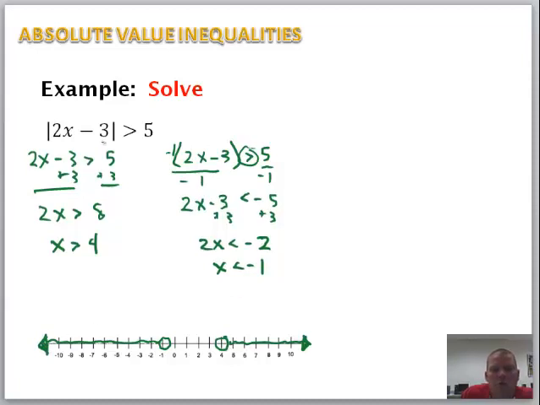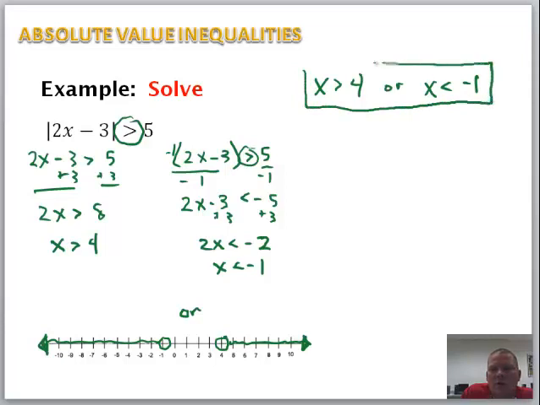And if you'll notice, with the greater than, I have a space in between them and they go opposite directions. We call this an or statement. So this means x is greater than 4 or x is less than negative 1. And that's the way I write the greater than problems. And my graph is going to have a space in it and point opposite.